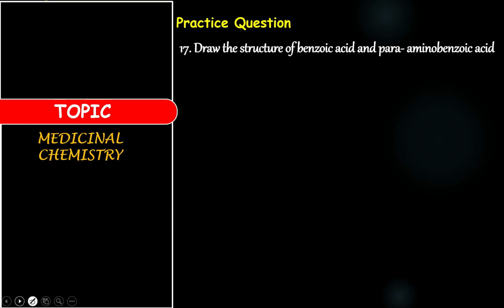Alright, that is that. Now draw the structure of benzoic acid and para-aminobenzoic acid. This one is something that is very easy. So when they say draw the structure of benzoic acid, this is how it looks like. And then draw the structure of para-aminobenzoic acid. This is how para-aminobenzoic acid looks.